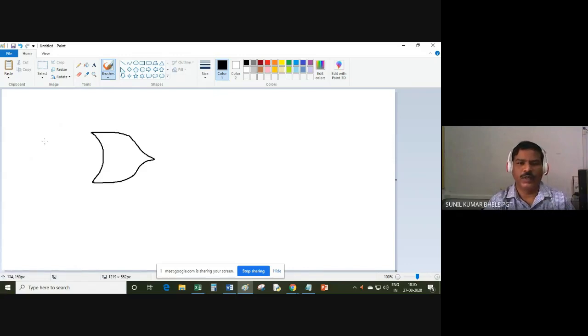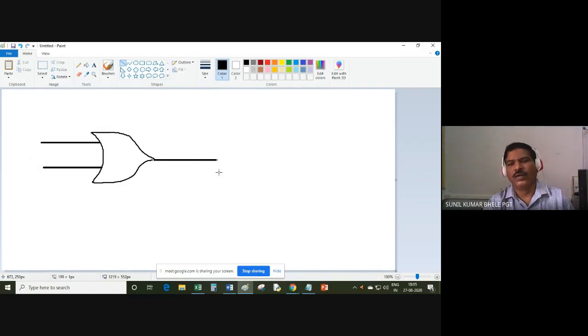This type of symbol you can draw in your notebook. Or you can draw like this also.